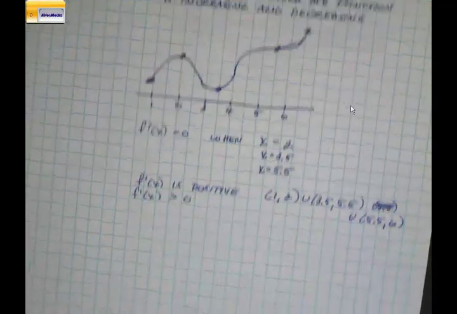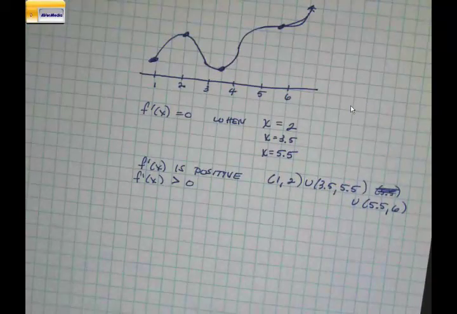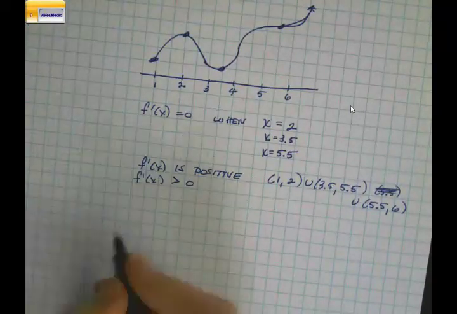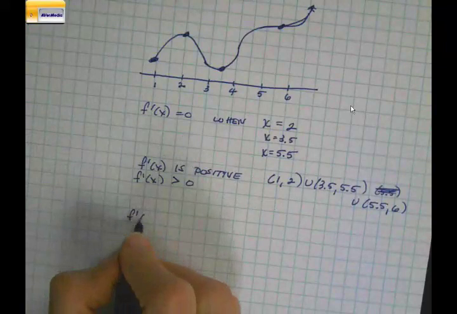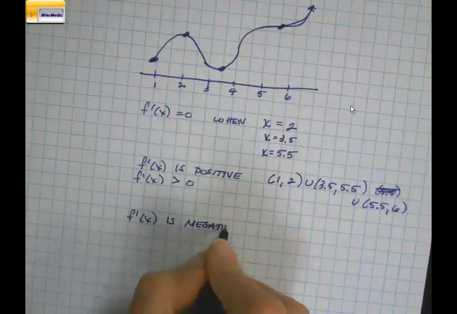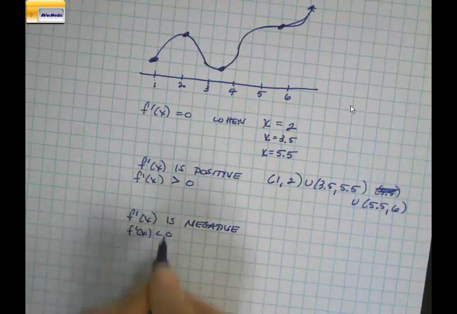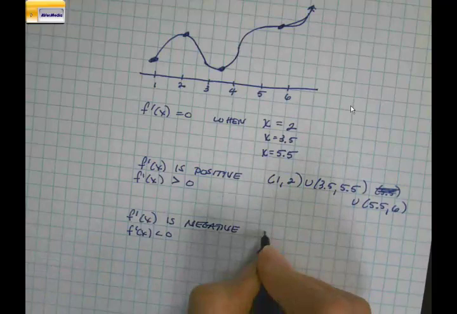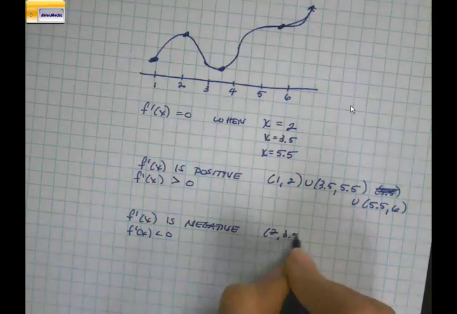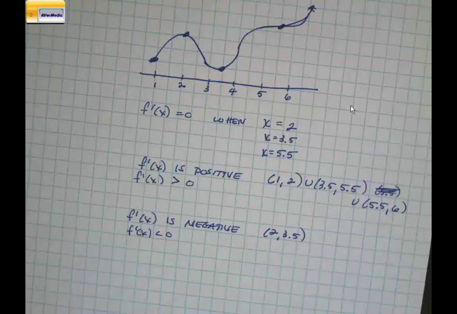Those are U's, making unions of those intervals. That's where f prime of x is positive. That's where the slope of your tangent line is a positive number. Where is f prime of x negative? That's right, between 2 and 3.5. And that's it, right?